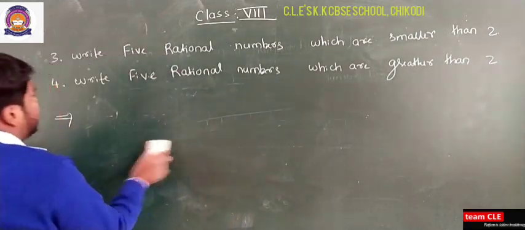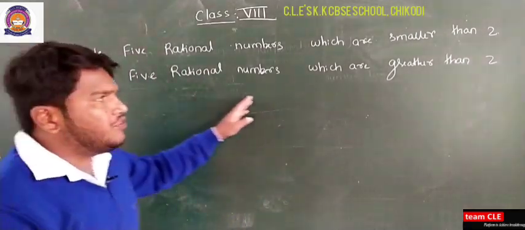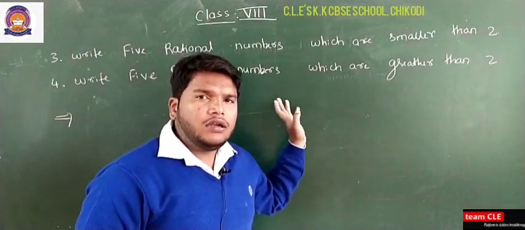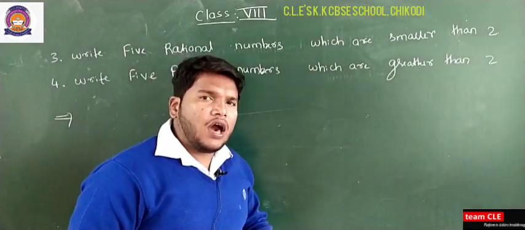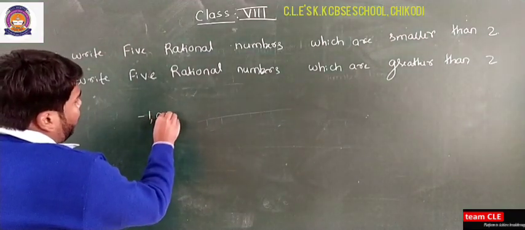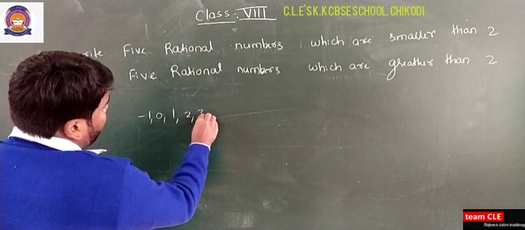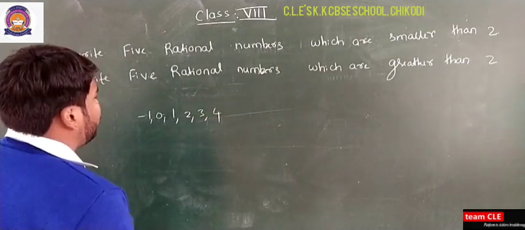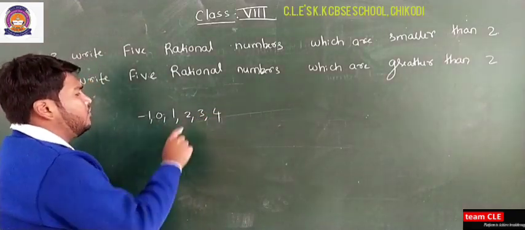The second one is: write 5 rational numbers which are greater than 2. Write 5 rational numbers which are greater than 2 means we can write -1, 0, 1, 2, 3, 4. Greater than 2, I have written here 6 rational numbers.